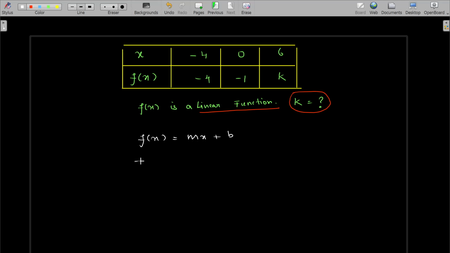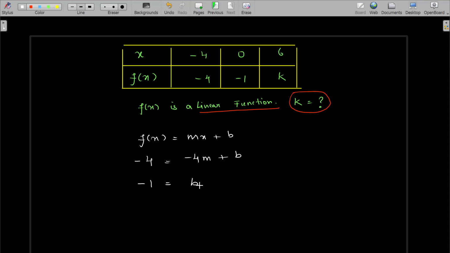So it will be -4 is equal to -4 times m plus b, when we took -4, and then you can take -1 is equal to 0 times m plus b. So from here you can get b.